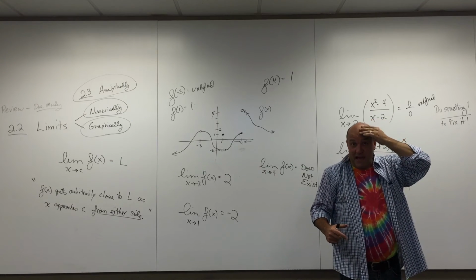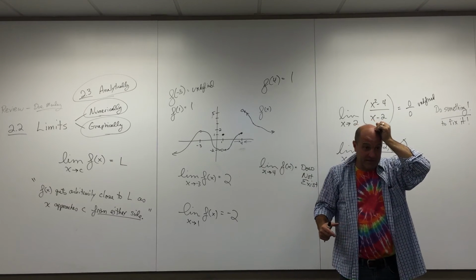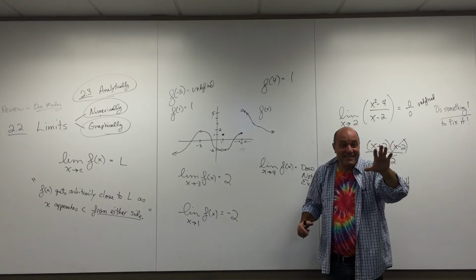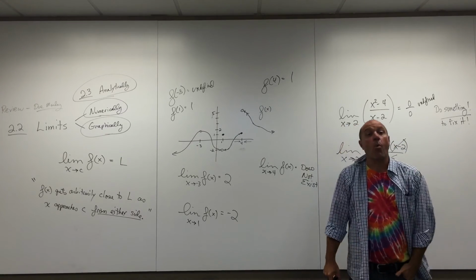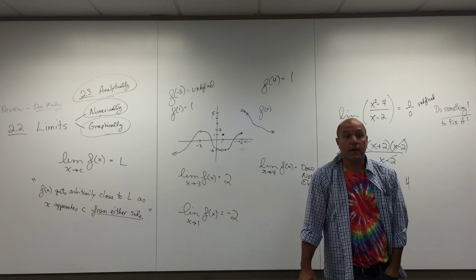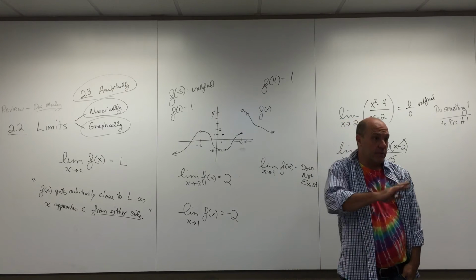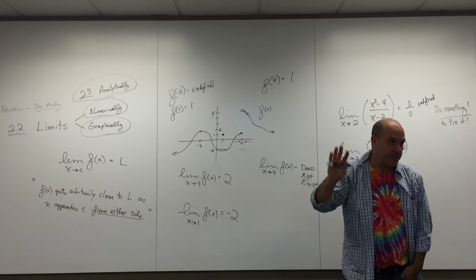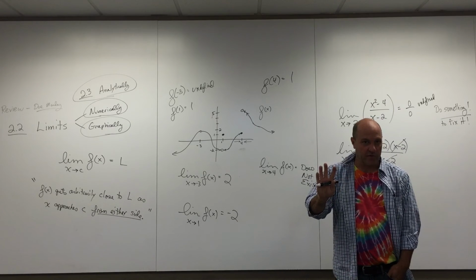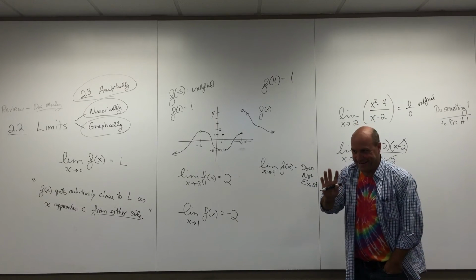Now, I'll get ahead of myself if I say this, but I'm just going to say it. There is such a thing as a one-sided limit, but that's coming up. I mean, there's almost no reason to start that now, but I'm just going to say it.